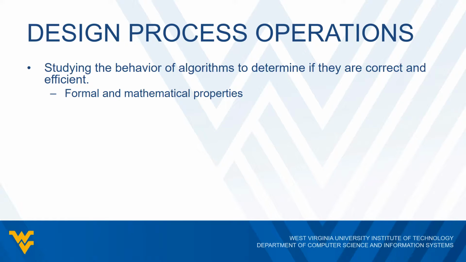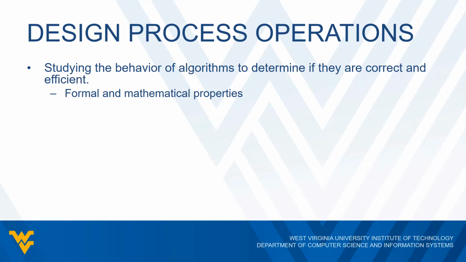So if we're going to design an algorithm, we got to make sure that it's, first of all, correct, because if we have an incorrect algorithm, that's not going to solve our problem. And we also want to make sure that the algorithm is efficient. If we write an algorithm that takes forever to run, then what's the point of having an algorithm if it's just really slow? So we use formal mathematical properties to show that the algorithm that we design is correct and that it's efficient.